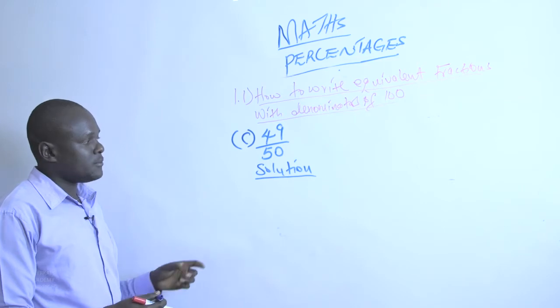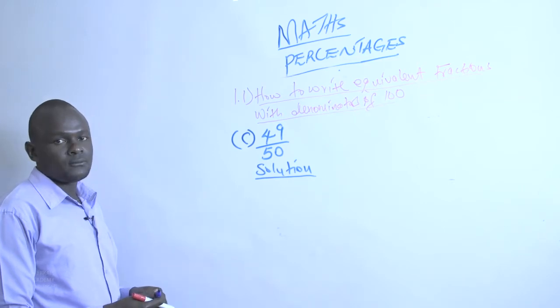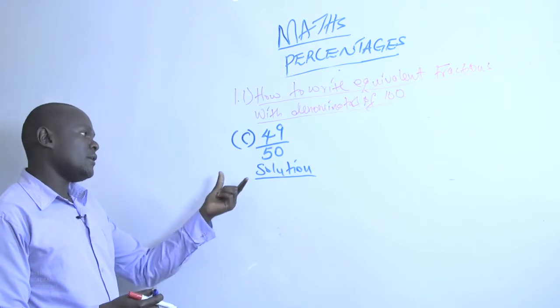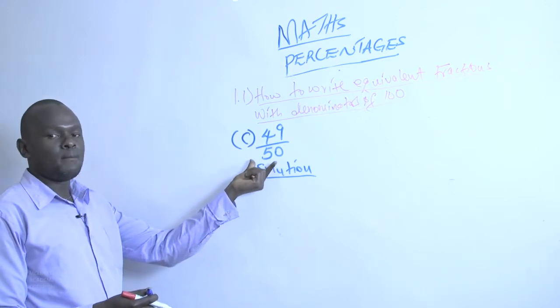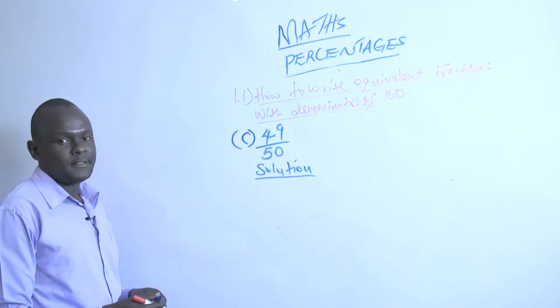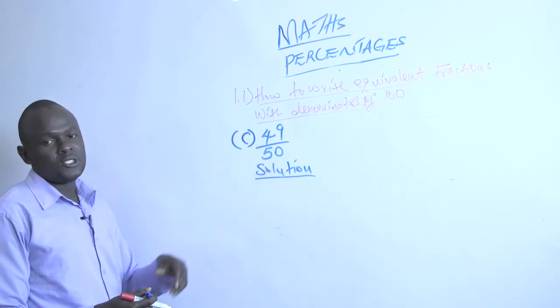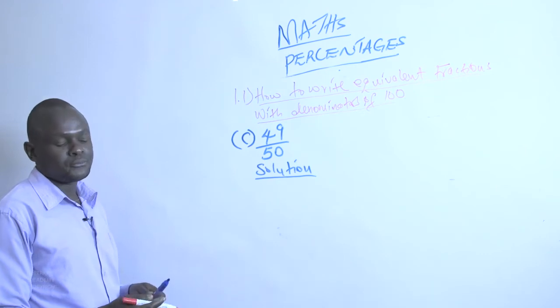Now, what we are basically relying on is the kind of denominator that we have, and our denominator is 50. As I had said in the previous 2 examples, you look for a number that when you multiply it by the denominator, it will give you 100. And this number is number 2.